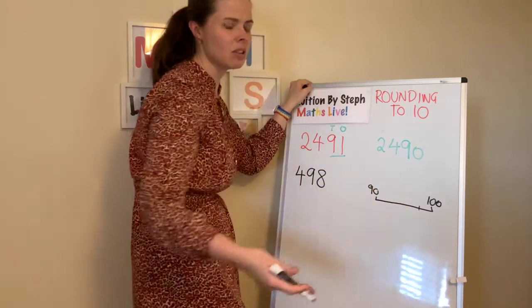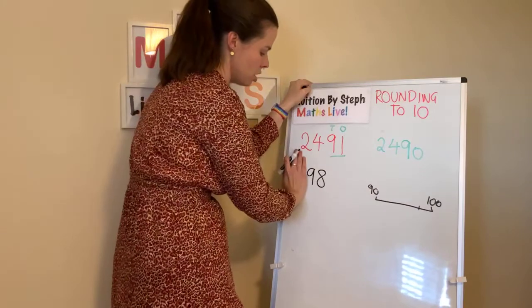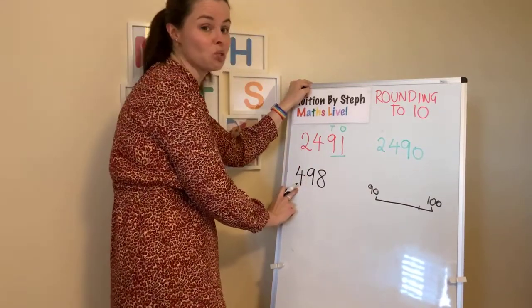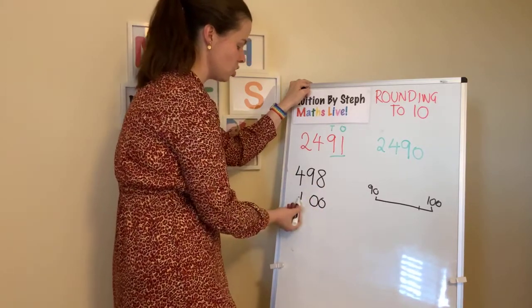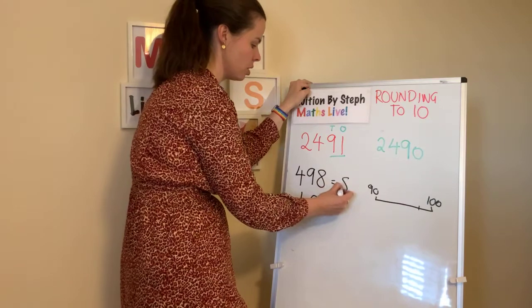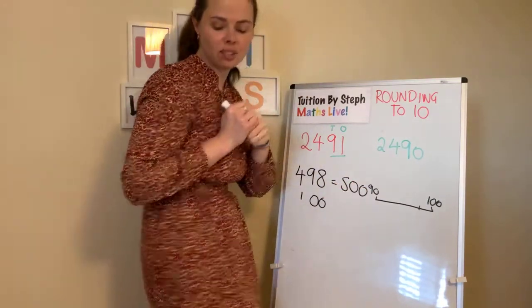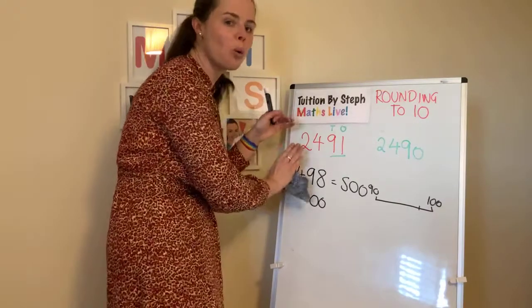So 98 is closer to 100. So you actually have to go into the next 100. You now need to barge into the hundreds column. So 98 becomes 100. So you've got to add 100 to 400. So 498 to the nearest 10 is 500. So it doesn't always stay the same.